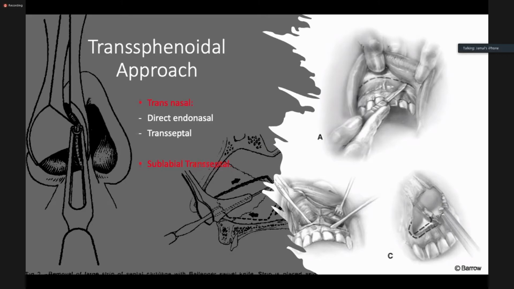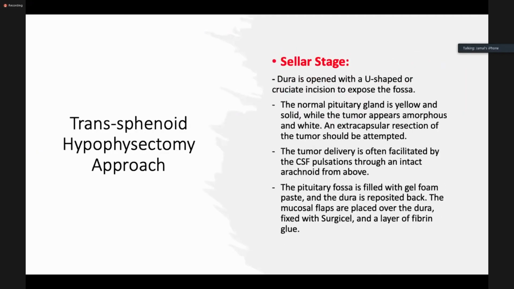There are some operative details we should know. Whoever wants to do a pituitary surgery should know how to approach the dura, how to deal with it, how to open it, and how to remove the tumor and stay safe. Remove as much as possible of the tumor, especially the large tumors.